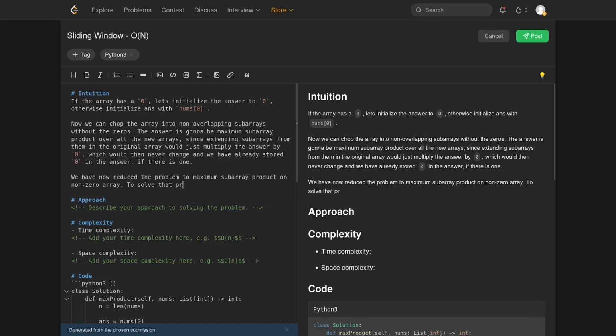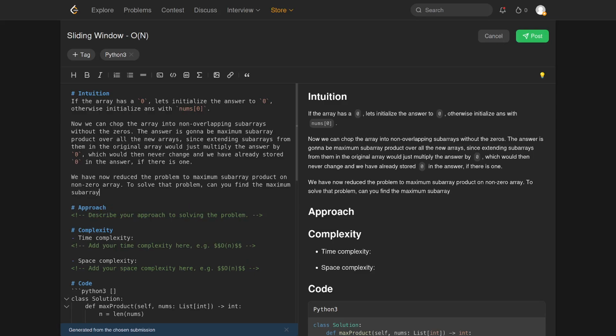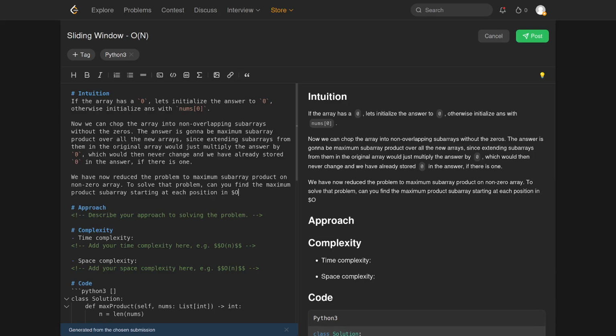To solve that problem, we can find the maximum subarray maximum starting at each position in O(1) amortized approach.